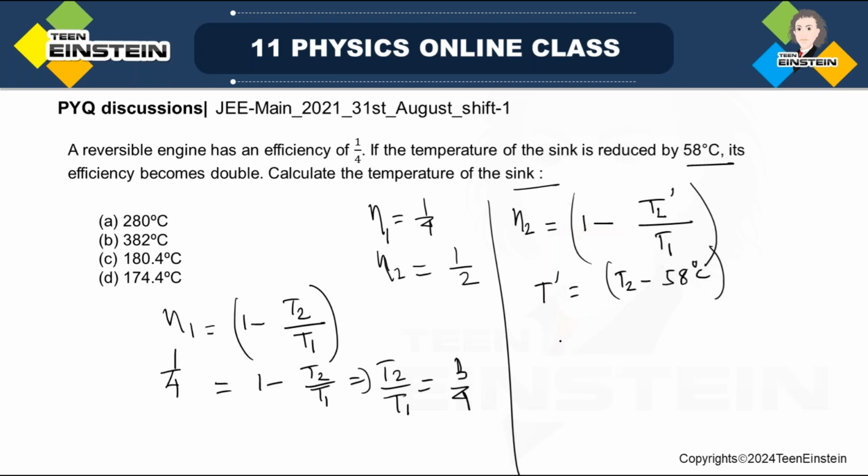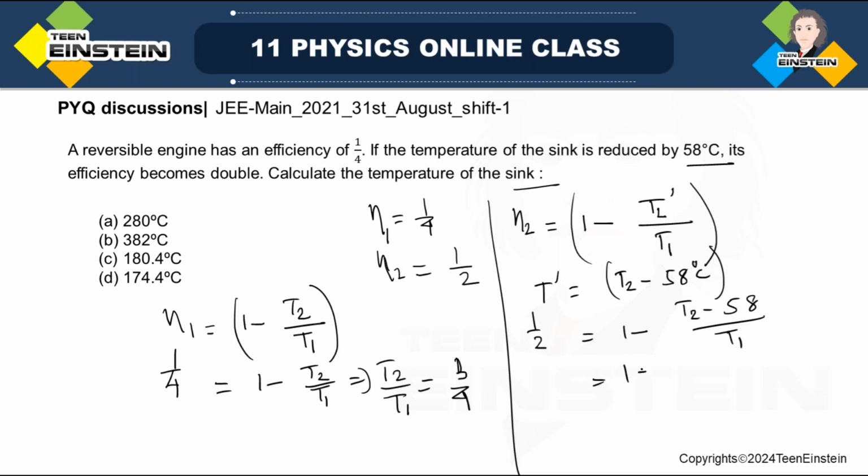Okay, so let us write this as T2 minus 58. So this eta 2 is half, then 1 minus (T2 minus 58) divided by T1.